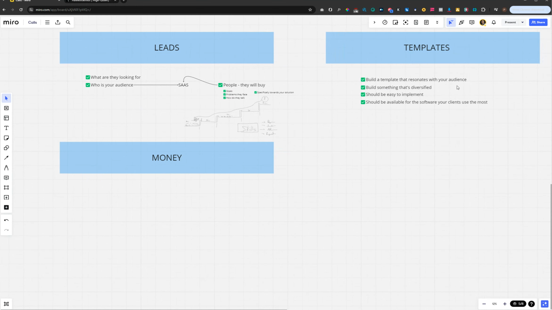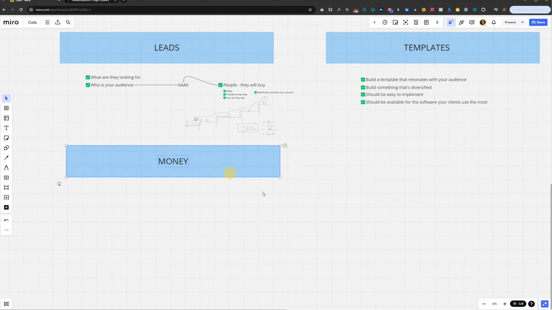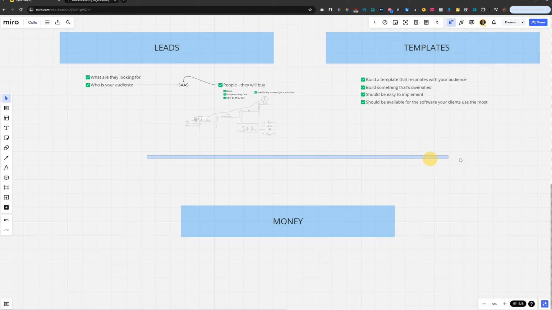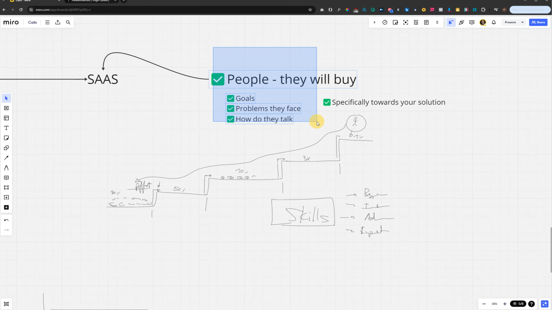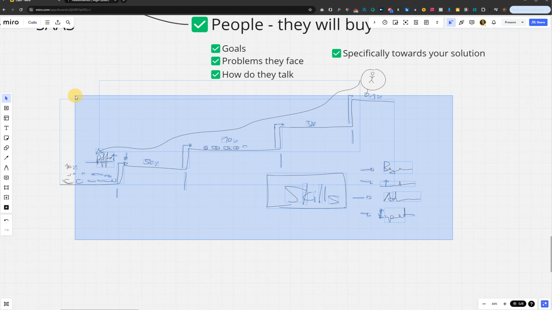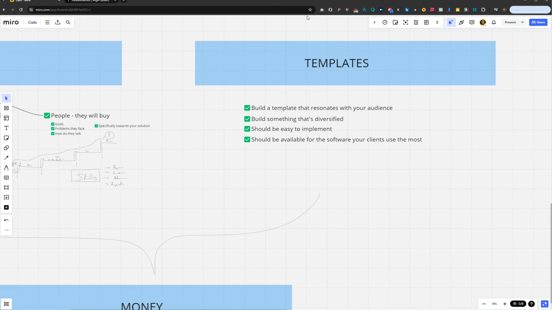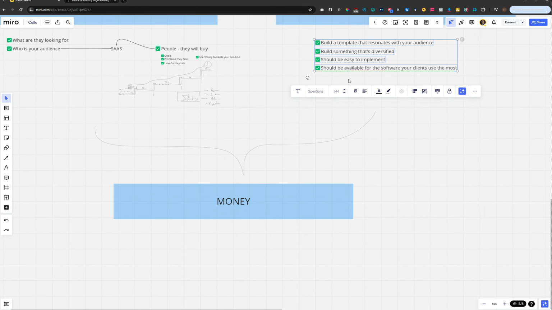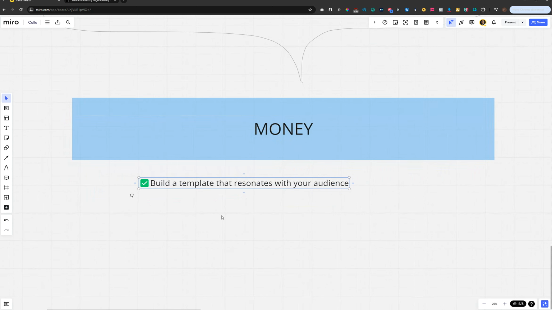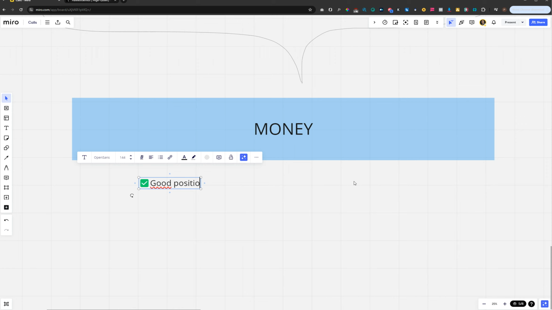The next part is how you can combine these two and make money. So the money part is actually a combination of these two. Okay? So these two are going to lead you to the money part. How? Well, if you understand who your audience is and you build a good solution with all these categories, then you need good positioning plus branding.